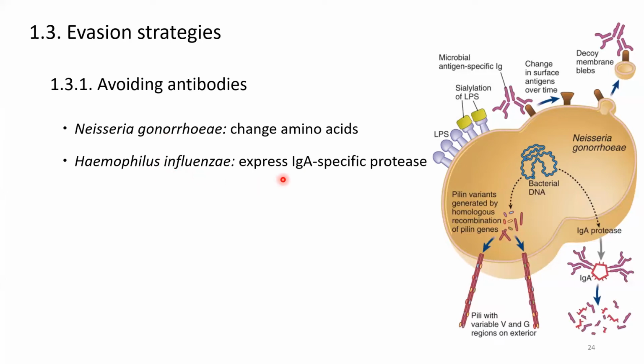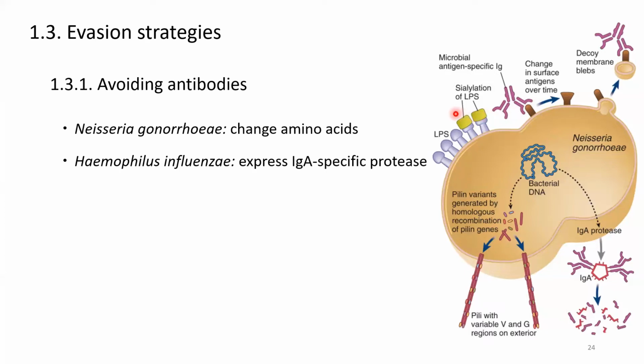Haemophilus influenzae can express an IgA-specific protease. We know that Haemophilus influenzae infects our respiratory tract. Normally in our respiratory tract, we have secreted IgA in order to defend against bacterial infection via the mucus. But these bacteria can produce IgA protease to degrade IgA, so they can survive because there is not enough IgA to kill them.